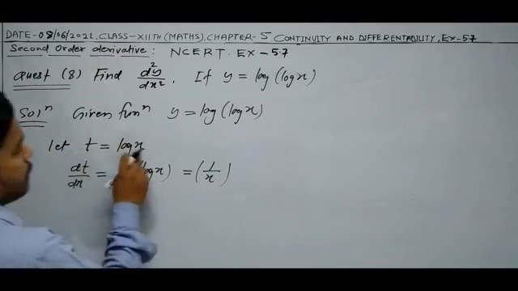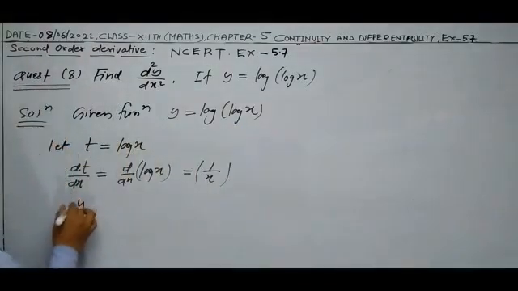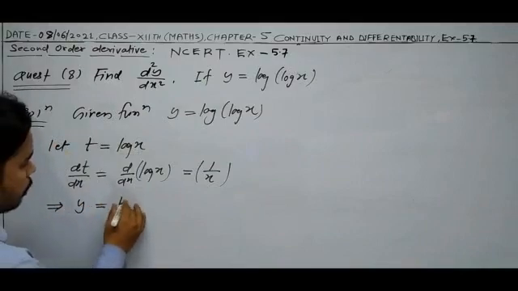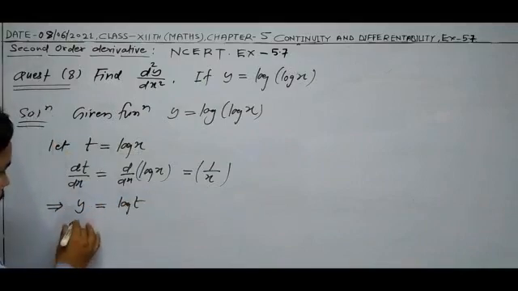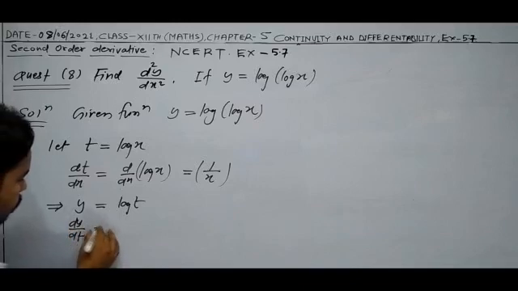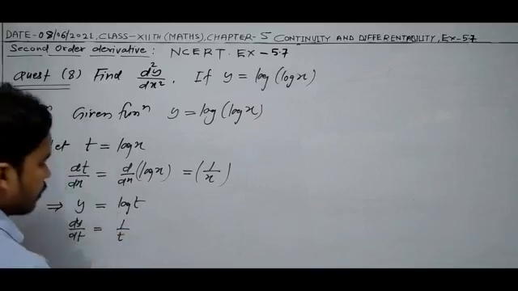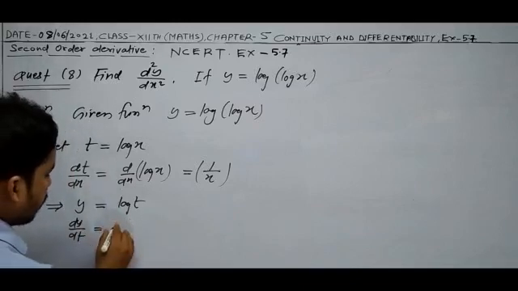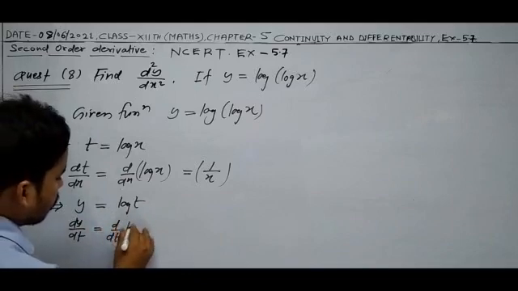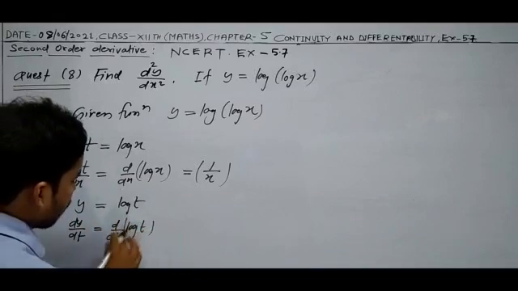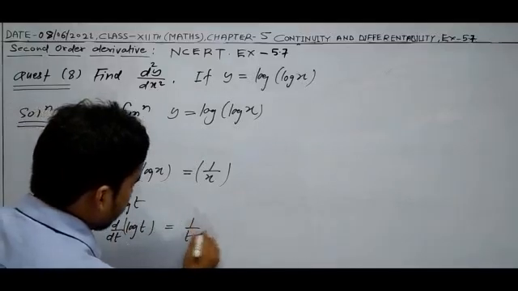And when t is equal to log x, then y will be equal to log of t. And dy by dt will be 1 upon t. Means you can write d by dt of log of t, and its result will be 1 upon t.